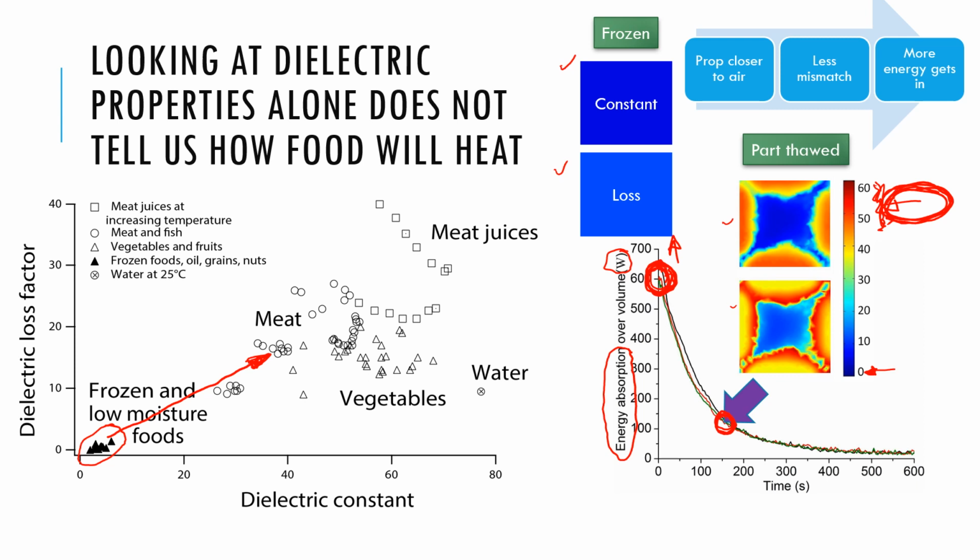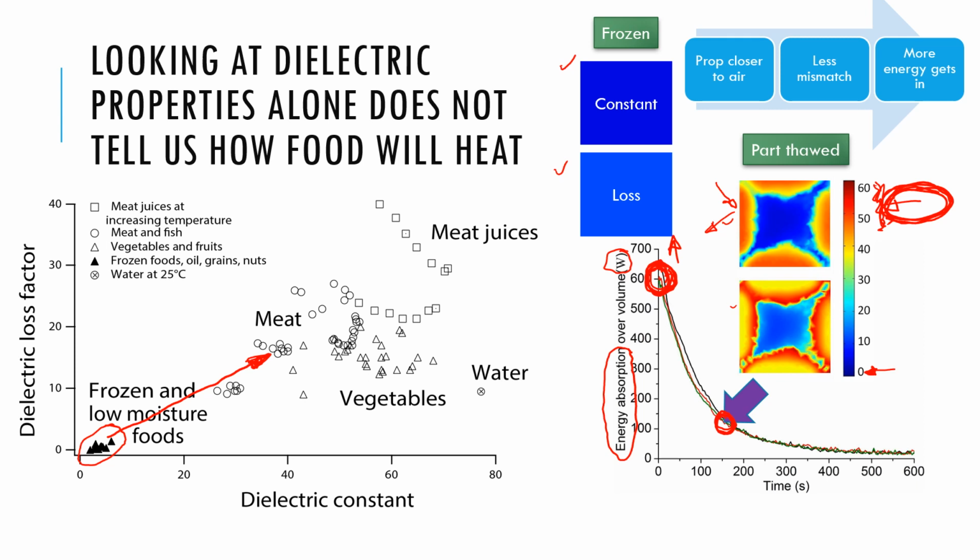When the waves are incident on the surface, a lot more would be reflected, so there is a lot more mismatch, and because of this mismatch, more energy would be reflected and there's just going to be less coupling of the energy, so less energy will get in.